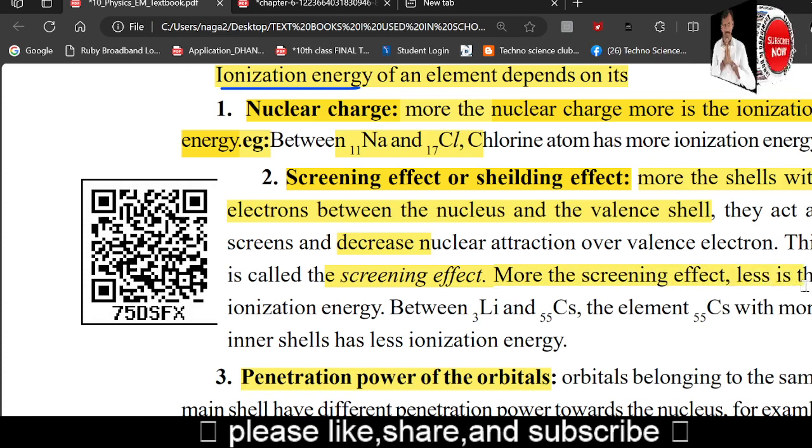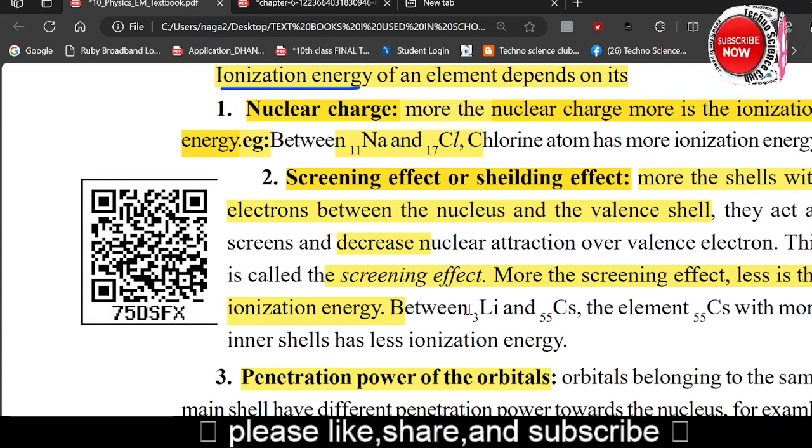If the screening effect is more, the nuclear attraction is less, and we can remove an electron easily. But if the number of orbits, the number of screens, is less in an element, we cannot remove an electron easily from the outermost shell.